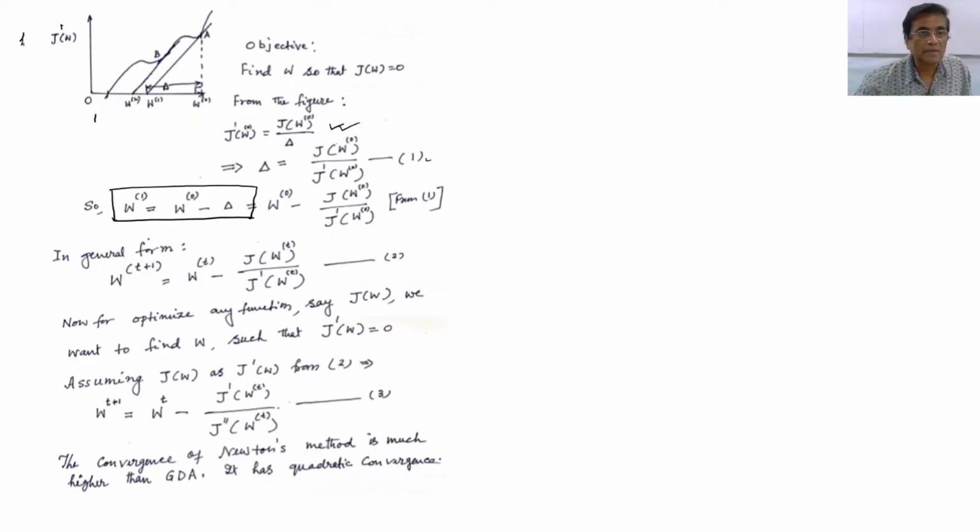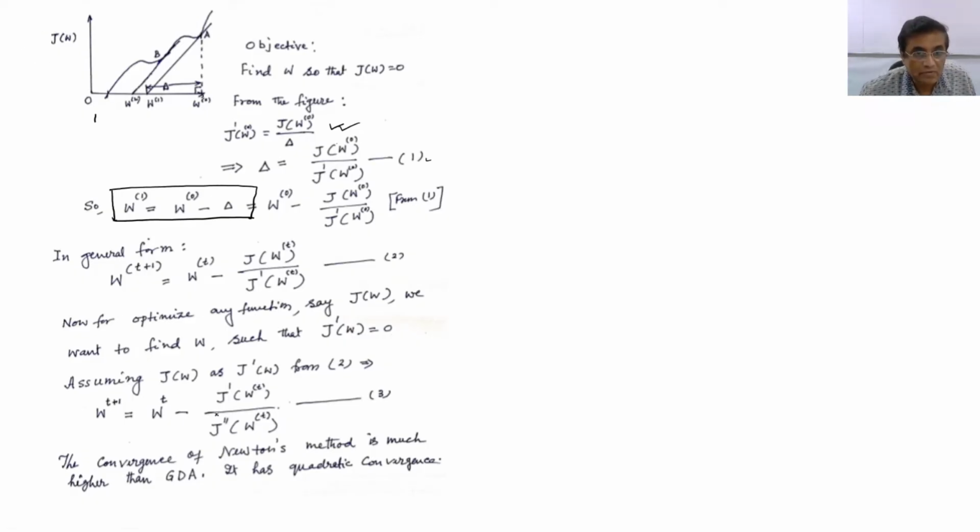This could be another function L(w) equal to J prime. What will this value mean? This value will mean the optimum value of this function L(w), right? Because the derivative of the function will be 0 at this point. So that's why I can replace J(w) by J prime(w), as I have discussed here, okay.